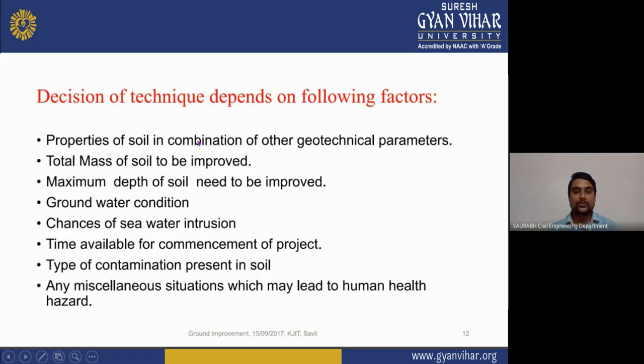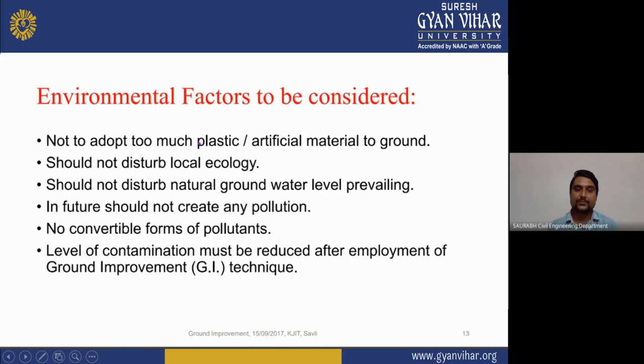Maximum depth the soil needs to be improved. Groundwater condition, chances of seawater intrusion, time available for the commencement of the project, type of contamination present in the soil, and any miscellaneous situation which may lead to human health hazard.